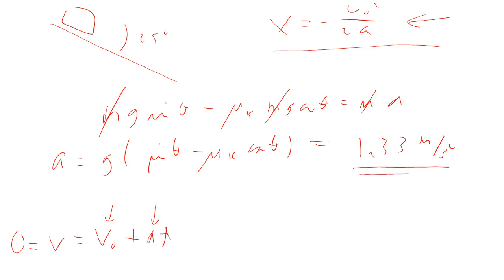This a is not negative. What does that mean? It means at an angle of 25 degrees down, it is accelerating. So it's going faster and faster and faster. It is not stopping. So it never stops. There is no stopping distance at all. In fact, it speeds up as it slides down the incline.